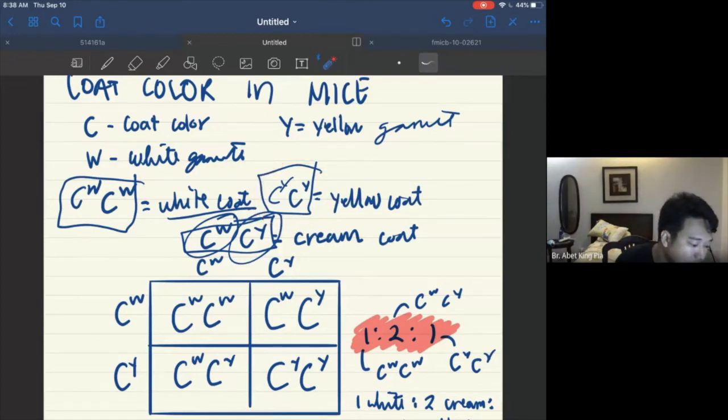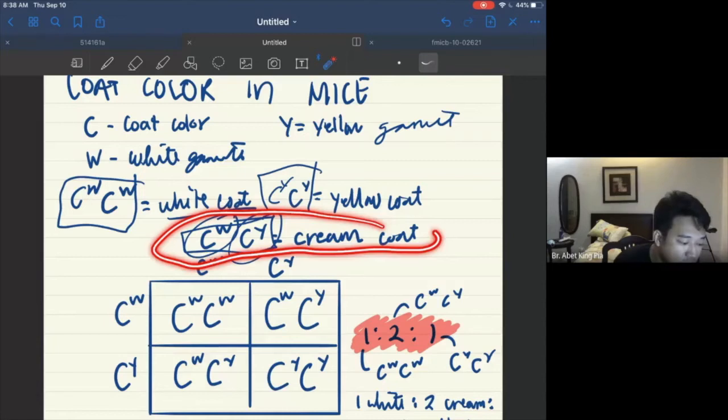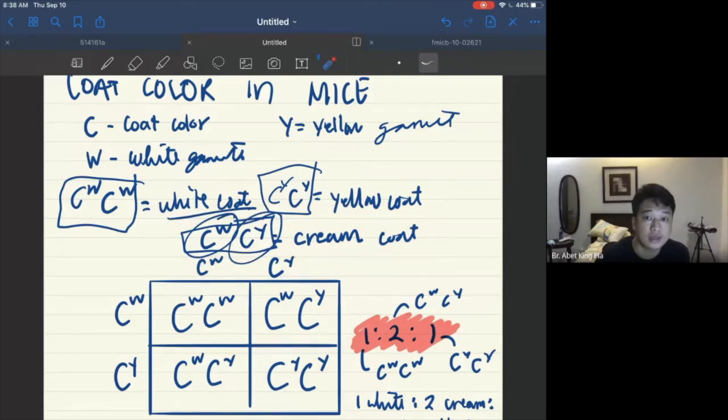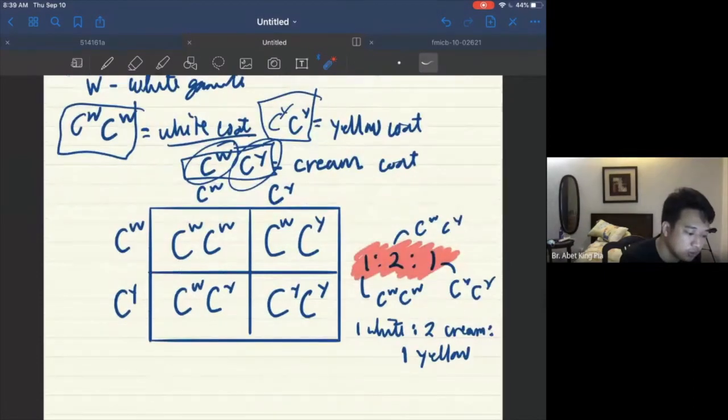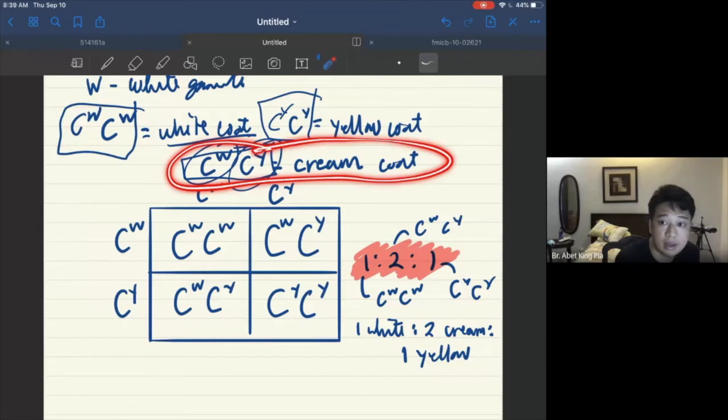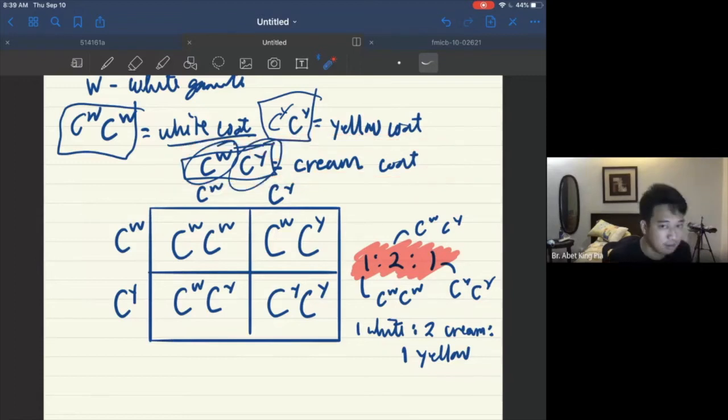For the cream coat, kasi nga incomplete dominance ito, you will see here na both of the gametes are present. Right? Since yung question is, if two cream coat, dalawa nito will be, if they mate, what phenotypic ratio can we expect of their offspring? Parang yung binigay lang sa atin kanina.